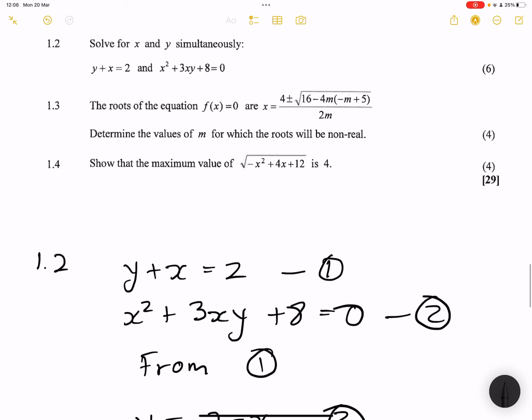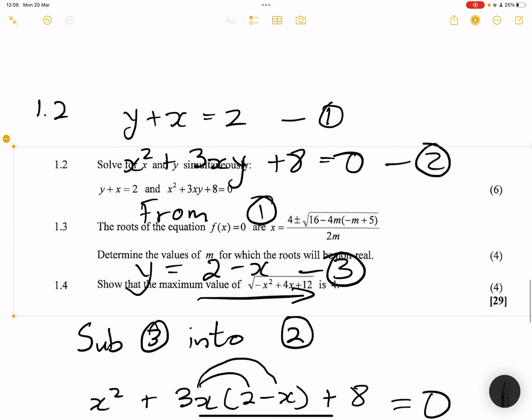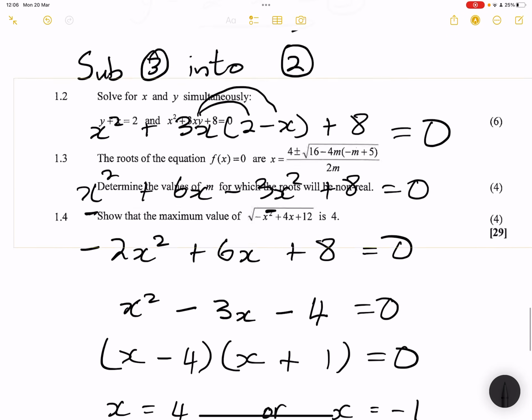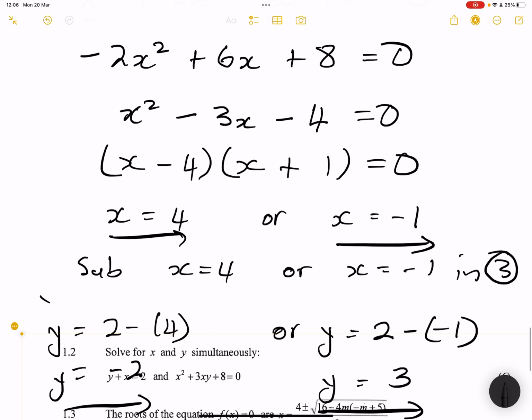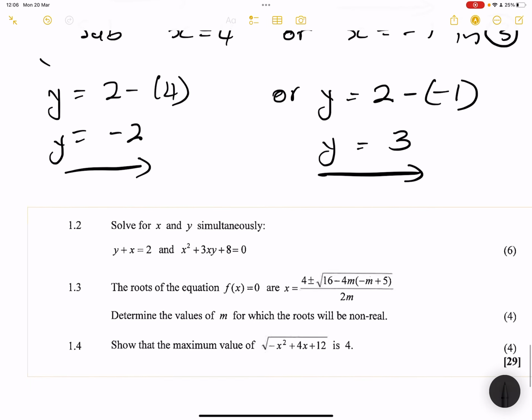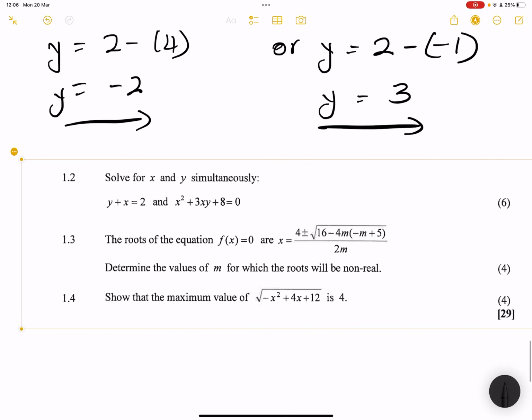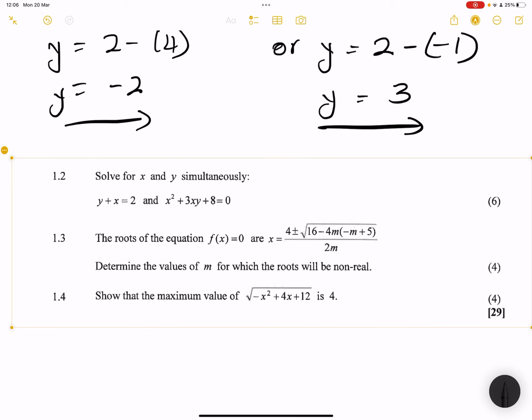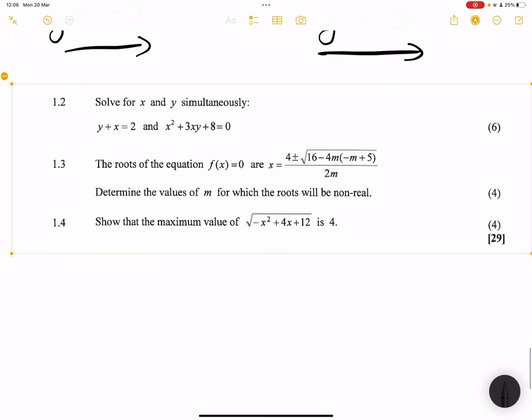So we're looking at nature of roots, right? They say the roots of the equation f of x is equal to x. In fact, you know what? Let's take this down so that it's easier for us to work with. We don't keep having to scroll back up. Right, so now they say to us we've got the roots, which are that. So they say determine the values of m for which the roots will be non-real.